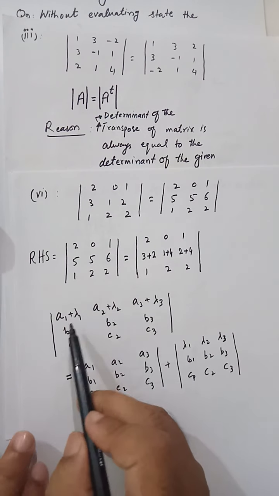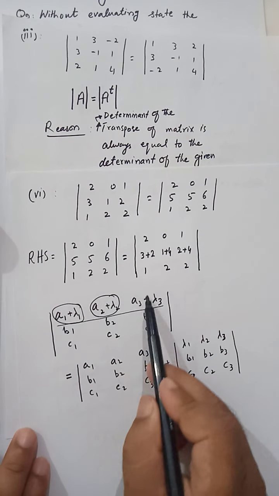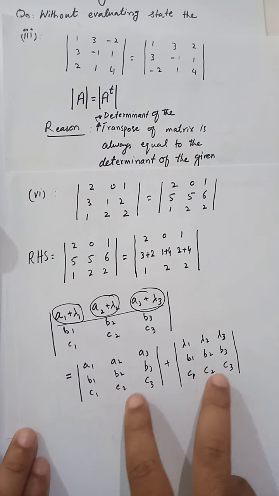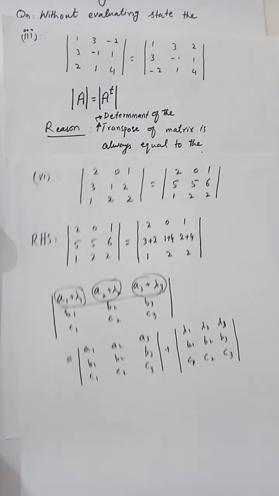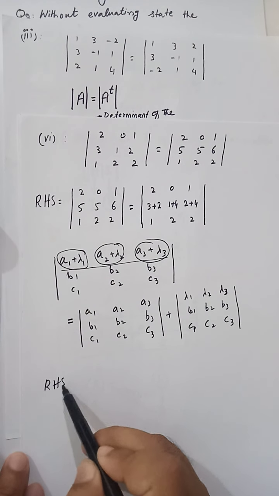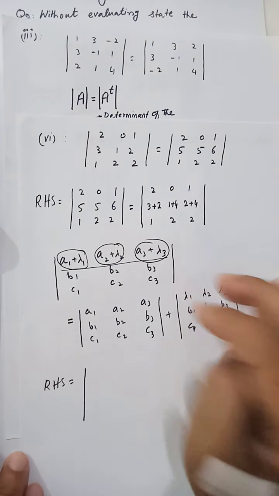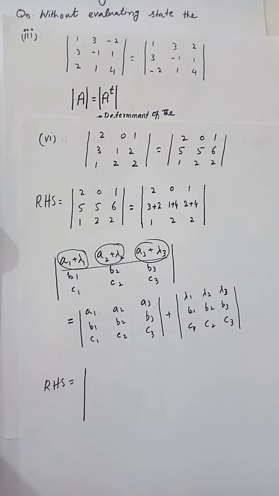So you see that in the first row all the elements are expressed as the sum of two terms, so that's why this determinant can be expressed as the sum of two determinants. So by using this property, the left hand side can be written as the sum of two determinants because the second row is expressed as the sum of two terms.